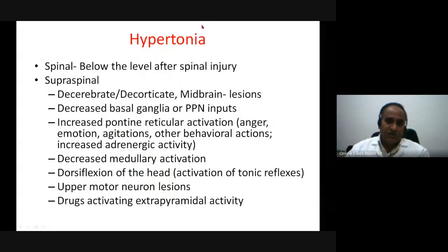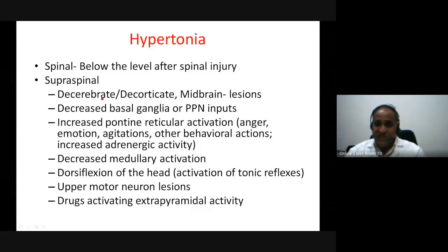Now, what is hypertonia? Hypertonia is the increased tone of the muscle. This hypertonia can result from a number of conditions, either at the spinal level, the segmental level, below the level of the lesion after spinal injury and spinal shock. The muscle tone is increased. But it may also be because of supraspinal involvement, as we have seen with the decerebrate, decorticate, and midbrain lesions, which I was discussing in my earlier lectures.